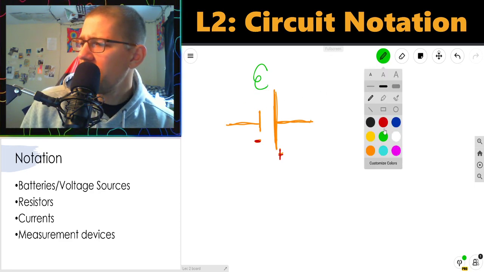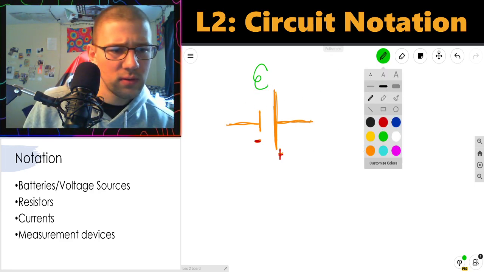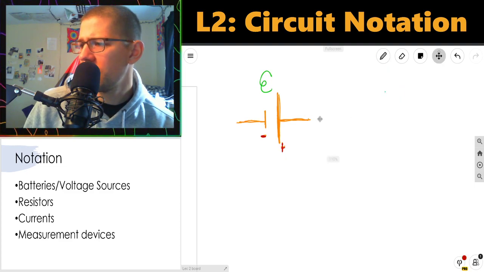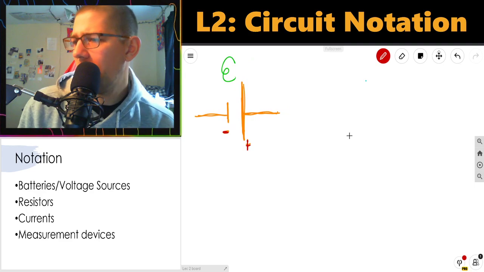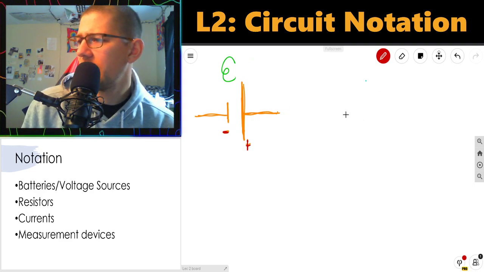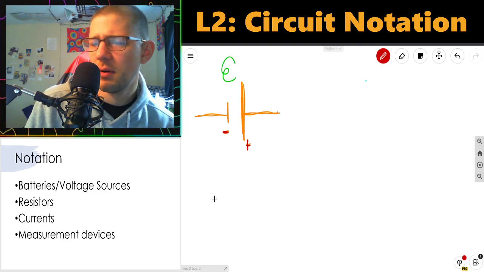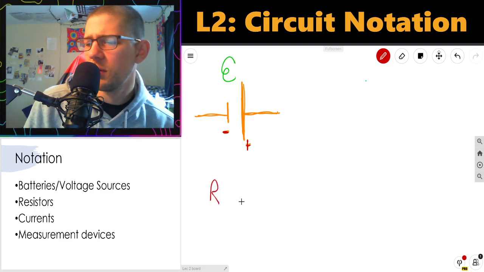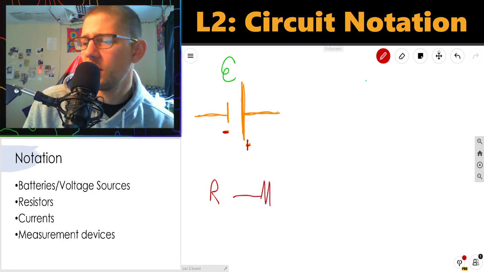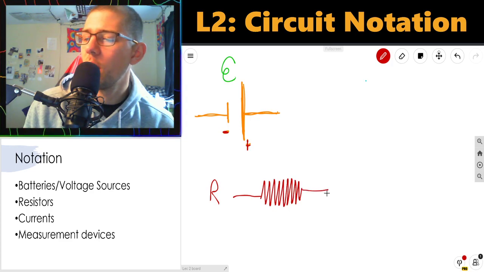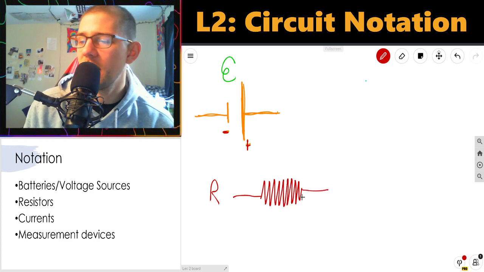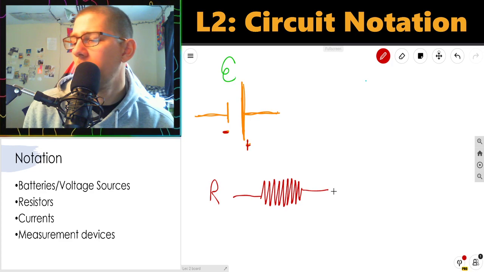The next thing to talk about is a resistor. Say I had some resistive element, some load that I want my circuit to deliver energy to. I denote a resistor, R, with first a little input wire, then the resistor itself, which is suggested to be a jagged thing, so it's kind of like rough walls in the pipe, and then an output lead.